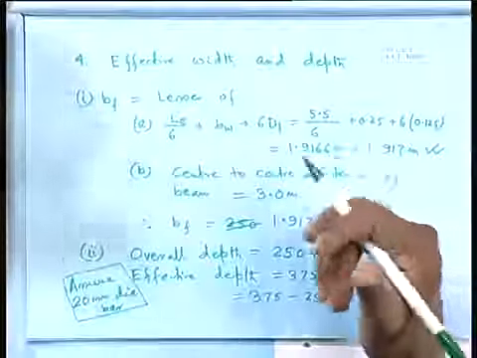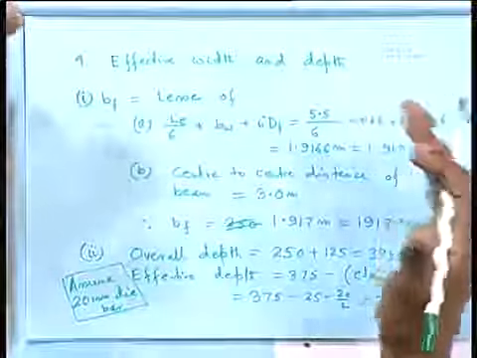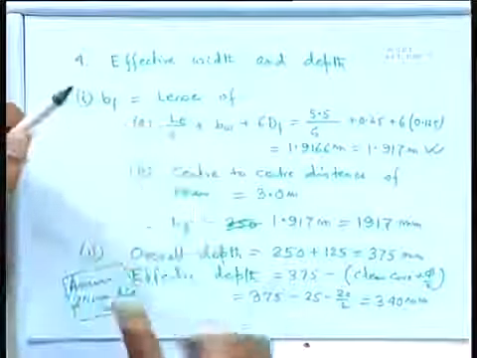That is why I prefer to assume the overall depth, and also assume which diameter bar we shall provide. On the basis of that, we calculate the effective depth, because effective depth can be any number, whereas the overall depth, I prefer, should be in multiples of 25 or maybe multiples of 10. It is dependent on the designer. So, if we assume the overall depth in multiples of 25, let us assume the overall depth and come to the effective depth.